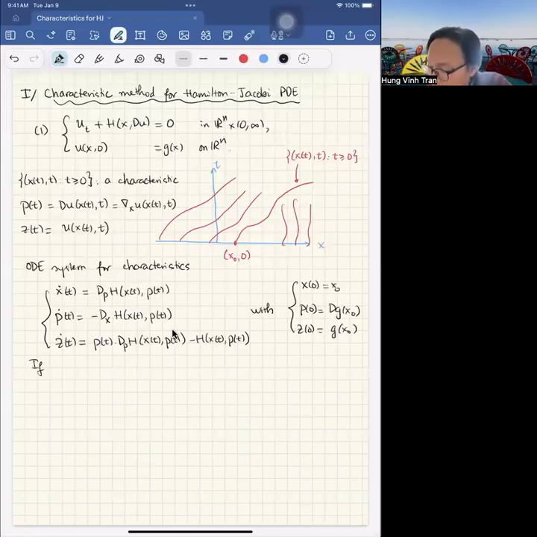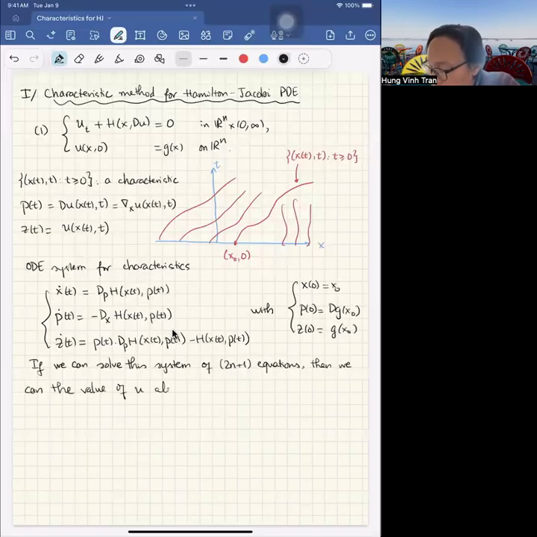If we can solve this system of 2n+1 ODEs, then we can find the value of u along the curve.